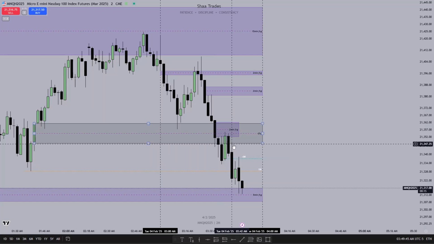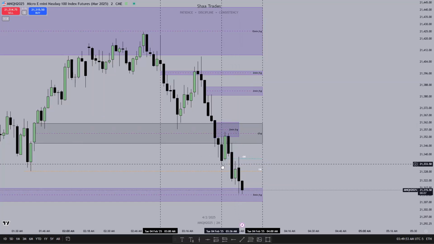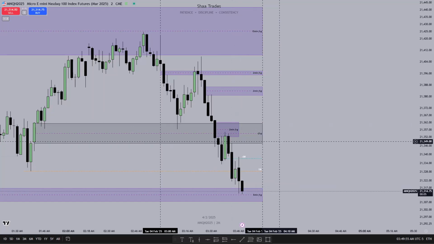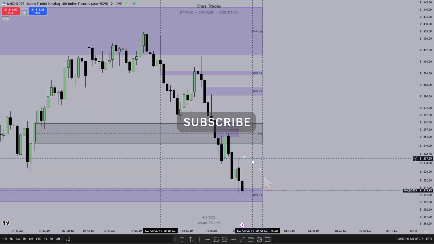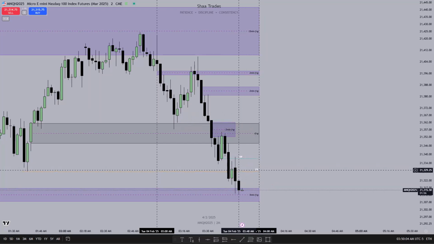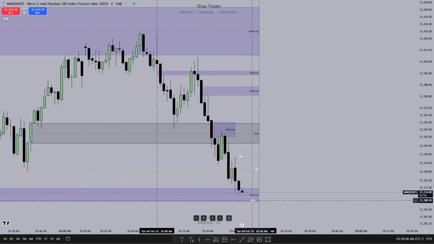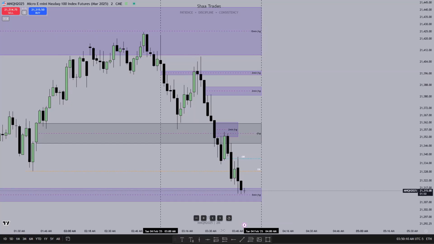I entered about here. Stop loss was about here. And then while price breaks lower under these candles, I reduce my stop loss. Draw this out, this order block. Price came, tapped that order block, and then went to our take profit. And that's how, yeah, that's really it.